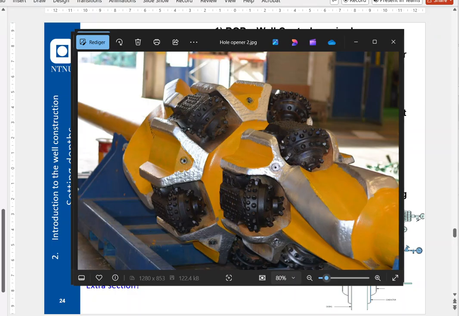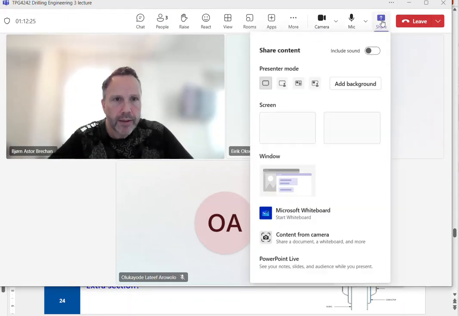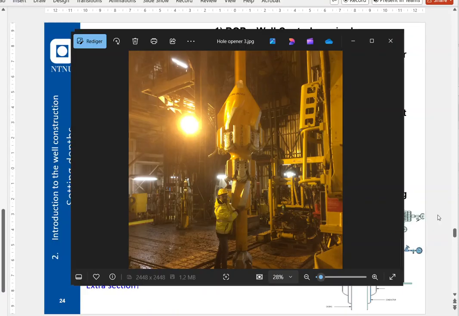In the bottom, very often it will be a 17.5-inch bit. And then comes these hole opener parts, and it goes up to 30 or 36 inches. We'll see one more picture of it so that we have a full understanding of what we are talking about.